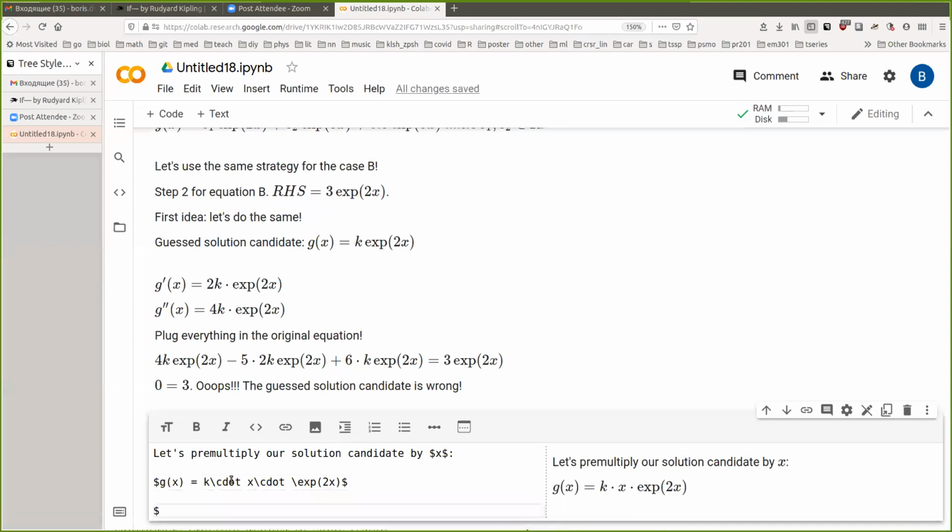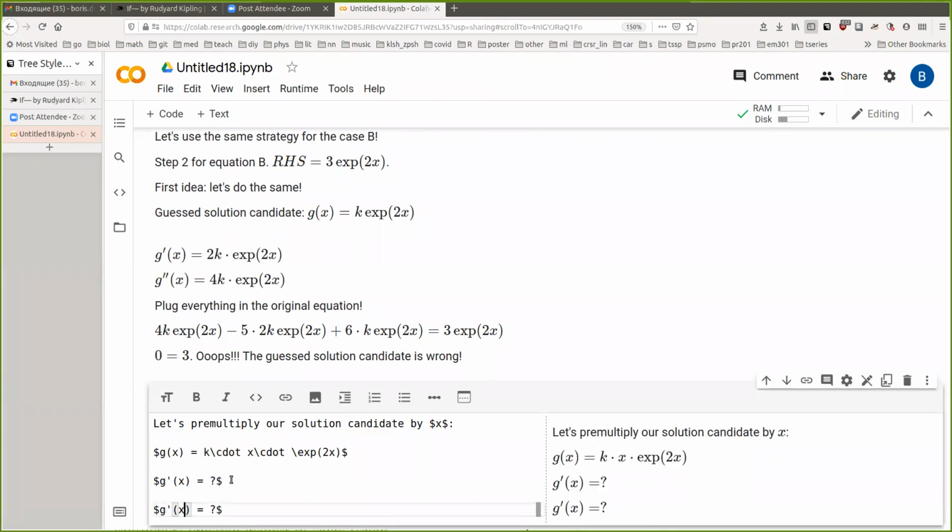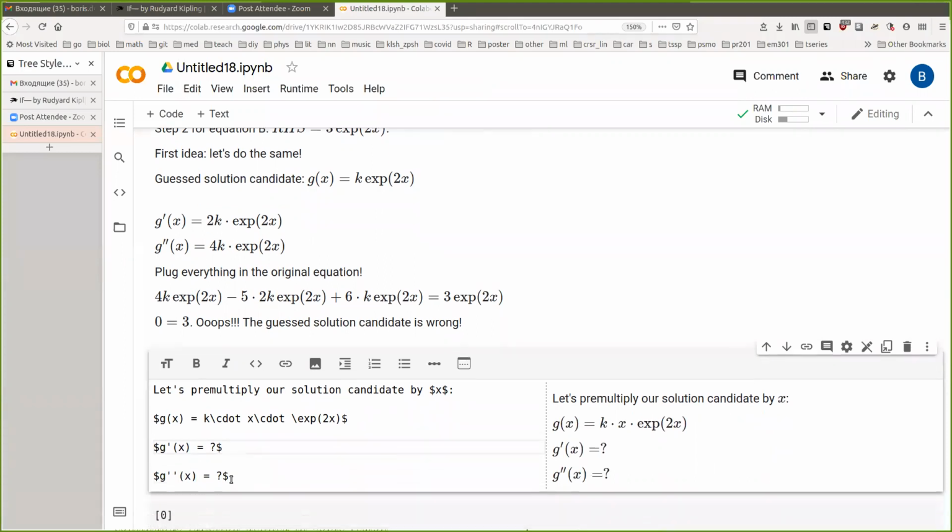Let's find what is the g prime of x. What is the derivative of x multiplied by exponent of 2x? There's a small question to you. I give you, let's say, 3 minutes. What is the value of g prime and g prime prime?